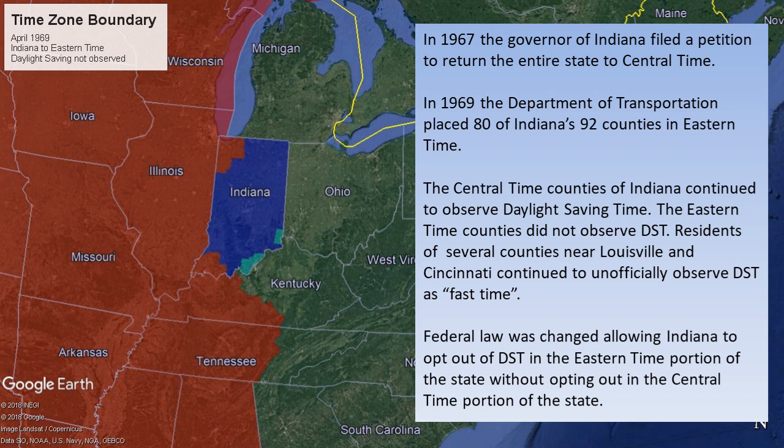The Central Time counties of Indiana continued to observe daylight saving time. The Eastern Time counties did not observe daylight saving time. Residents of several counties near Louisville and Cincinnati continued to unofficially observe daylight saving time as fast time. Federal law was changed allowing Indiana to opt out of daylight saving time in the Eastern Time portion of the state without opting out in the Central Time portion of the state.